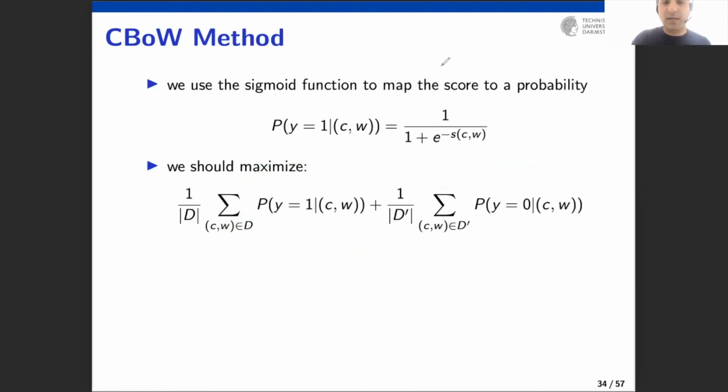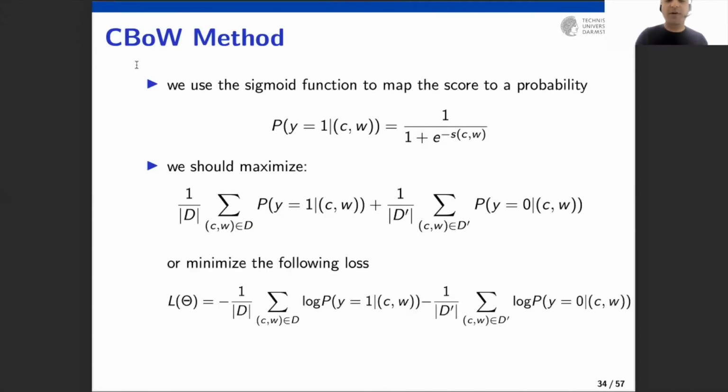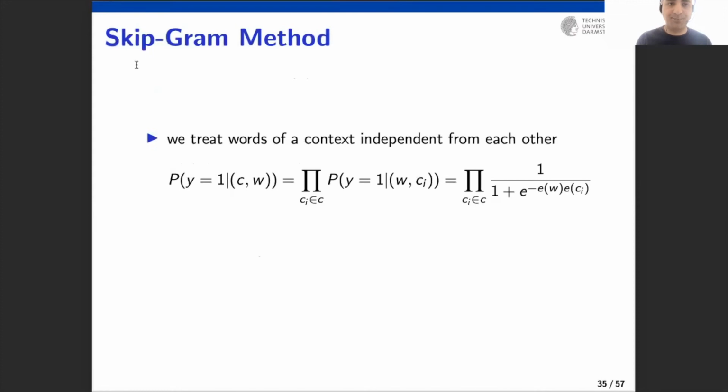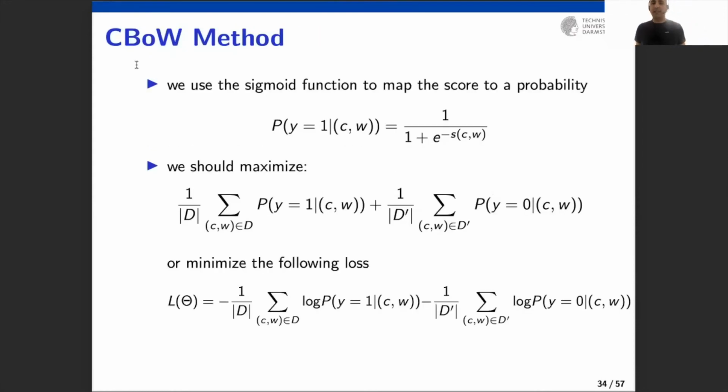Right? Okay, but maximizing this function equals minimizing a loss function like this. So we want to minimize the negative likelihood of these values. The only thing we do is minimize the negative value of the above probabilities. Now you can easily use stochastic gradient descent to train this model. You do not have any hidden layer or something. The only thing you have is one layer that maps each word to a vector.